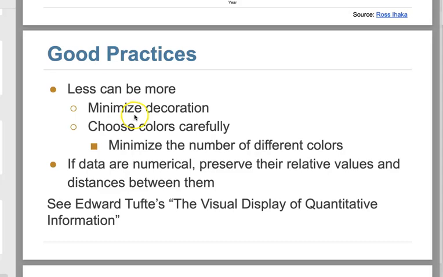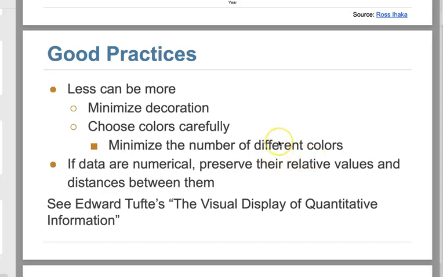So minimize your decoration. And also the colors you need to choose carefully. Do not make too many different colors, so people don't find it difficult to remember which color represents what. And also make your colors easy for seeing the different attributes.